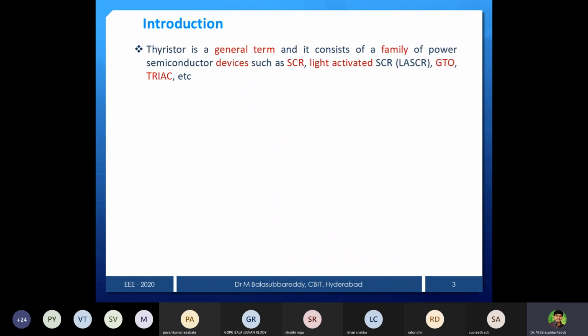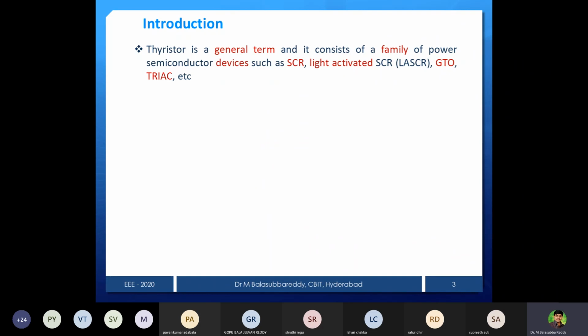So now we'll see the introduction. As you are aware, thyristor and SCR are the same. I told you this is a general term and it is a family of power semiconductor devices.